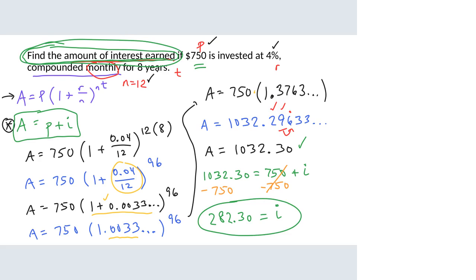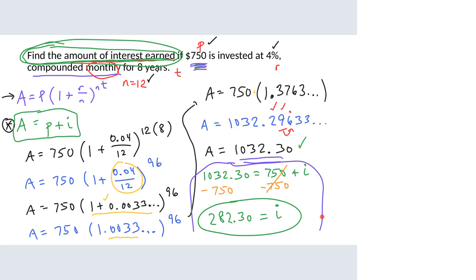Some of you may be very comfortable with the idea of, well, when I get here I say, that's how much he ended up with, and that's how much he started with, can I just subtract those to find the interest? Yes, absolutely. That's exactly what we did down here. We just subtracted to find out how much interest was earned.